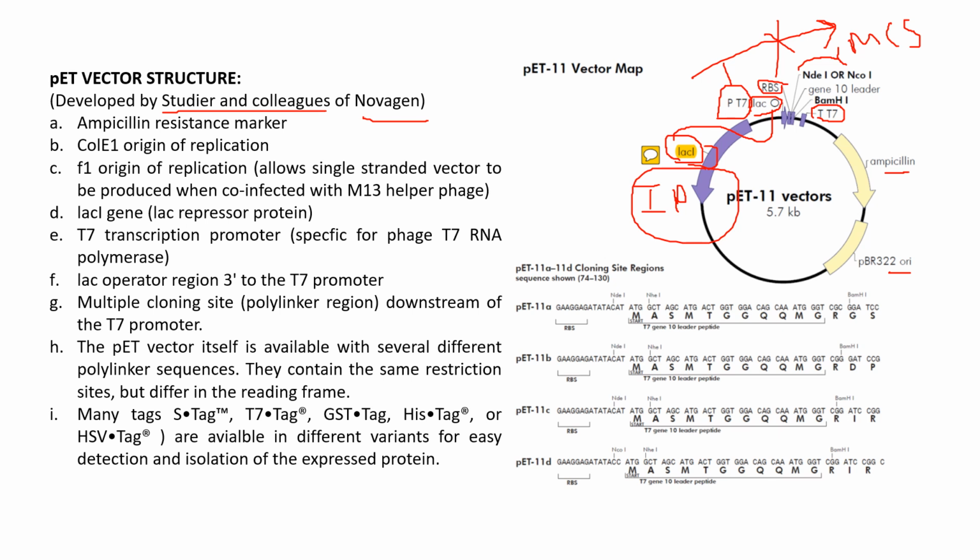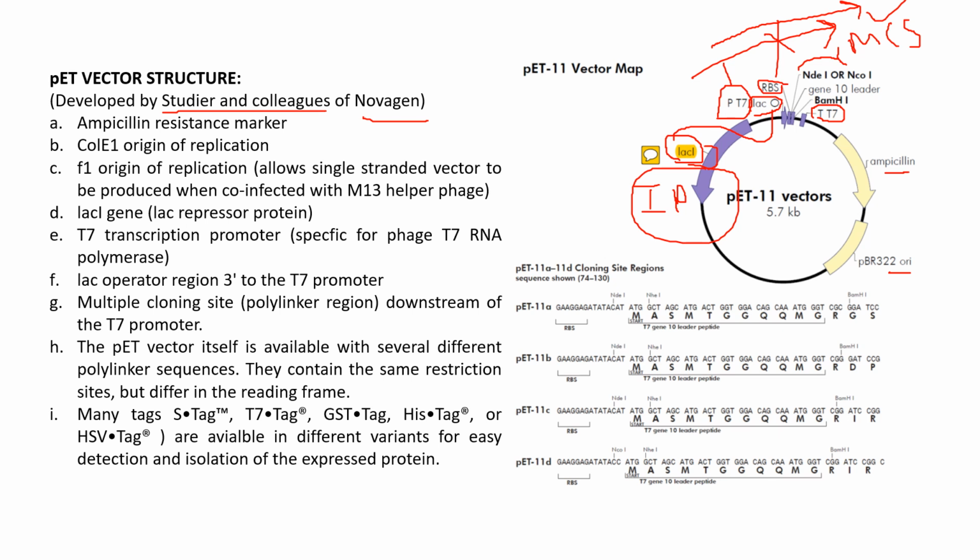Similarly, it derepresses the T7 promoter. And now T7 RNA polymerase will bind with the T7 promoter and it will start the expression of its downstream foreign gene. So this is the basic mechanism of how the regulation takes place.